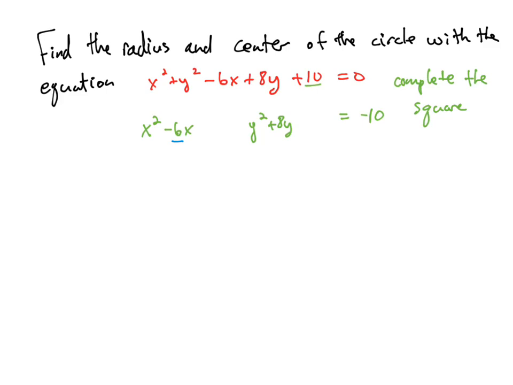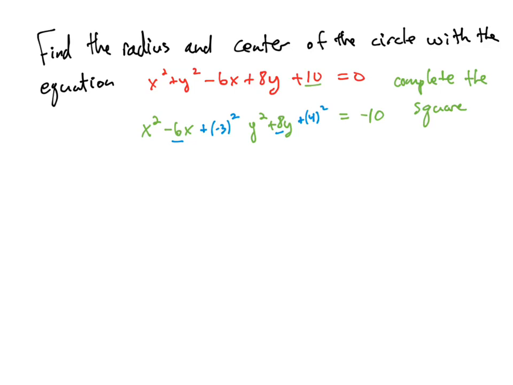So half of negative 6 is negative 3, negative 3 squared is 9, but I'm just going to write it like that for now. And then for the y terms, I say half of that b term, which is 8. Half of 8 is 4. 4 squared is 16.